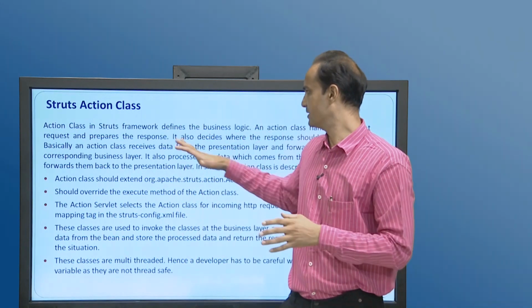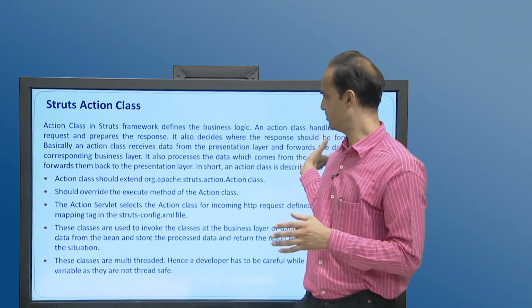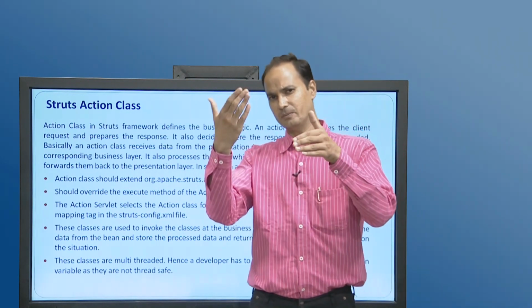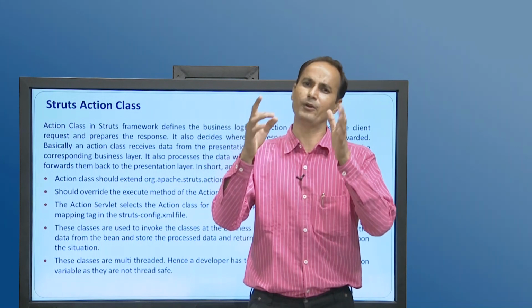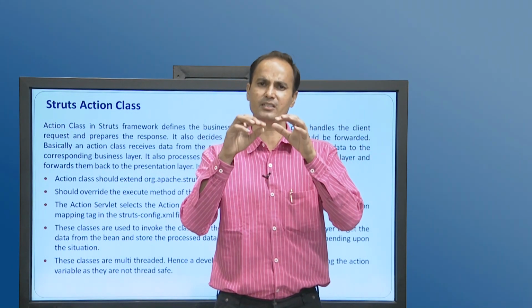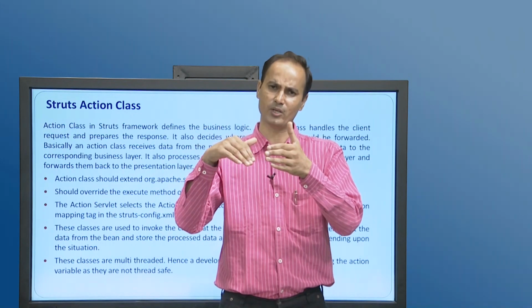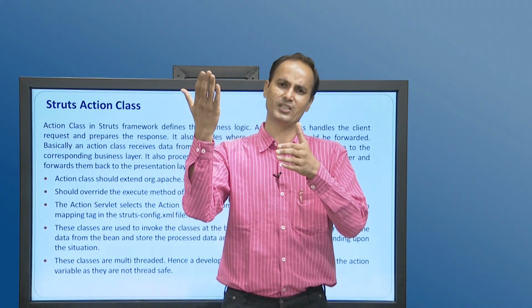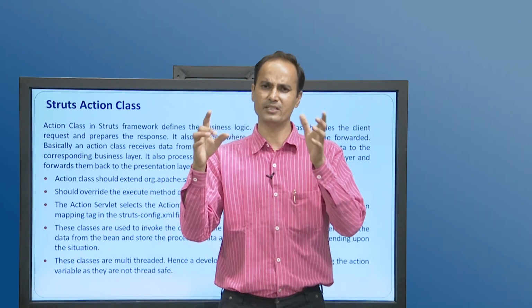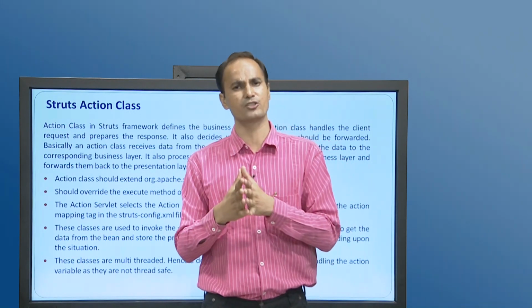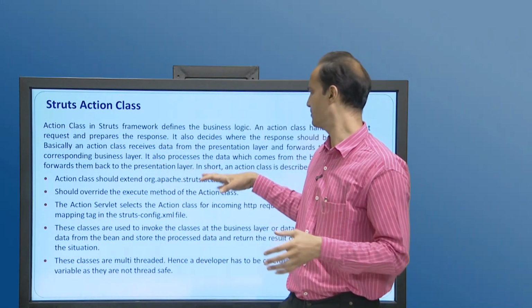Basically, the class receives data from the presentation layer, which is simply a view. In an MVC architecture, the model is known as the data, maintained on the backend side by the model. In the presentation layer there would be a view, and the business logic is all about the controller. So, the terminology is different.